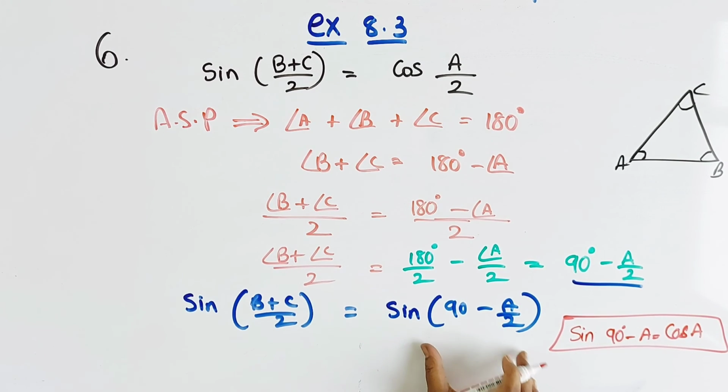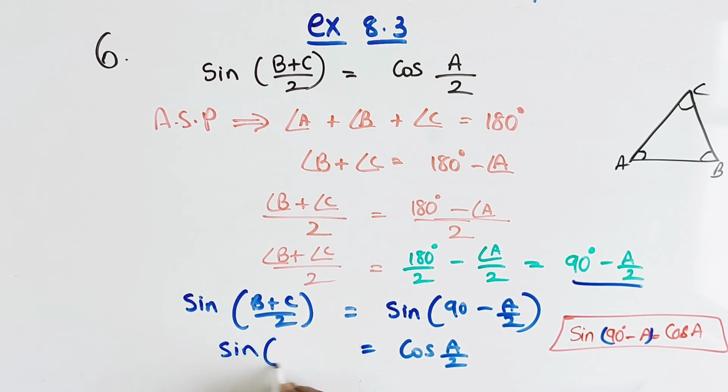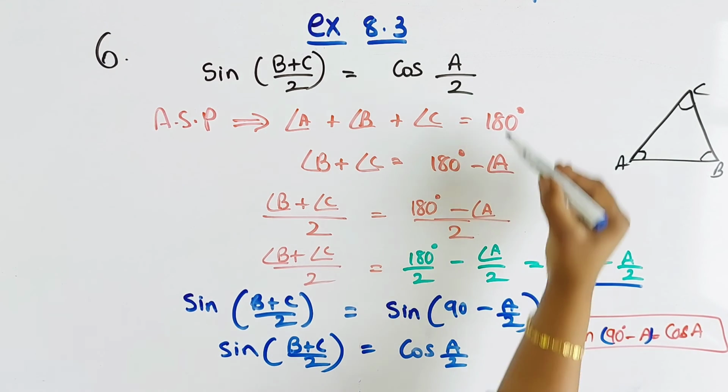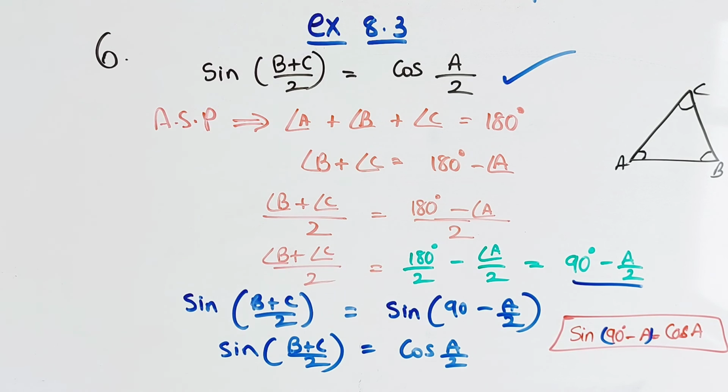But here sine of 90 minus A by 2 equals cos A by 2. Very simple, right? That means sine of 90 minus A by 2 equals cos A by 2. So sine of (B plus C) by 2 equals cos A by 2. That's what we have to show here.